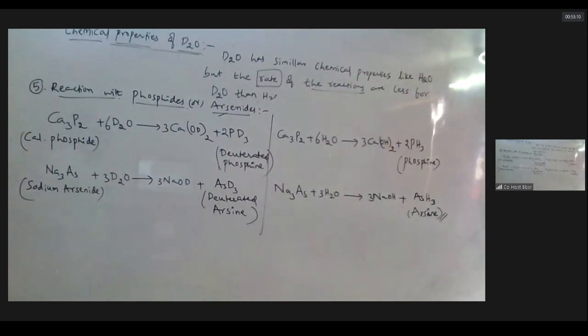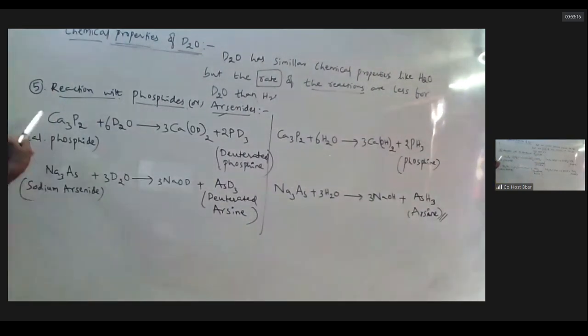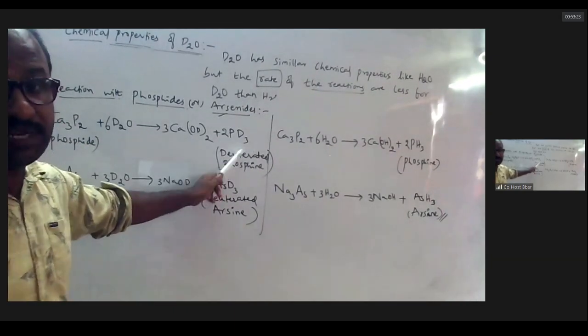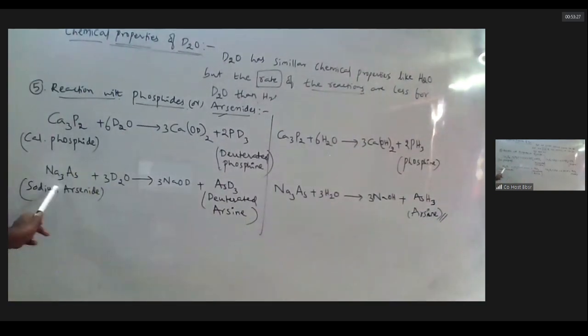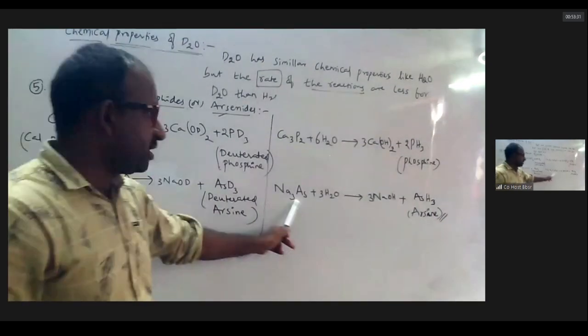See, these are the reactions with phosphides and arsenides. Calcium phosphide with deuterated water gives deuterated phosphine. Phosphide gives phosphine, and arsenide gives arsine, right?